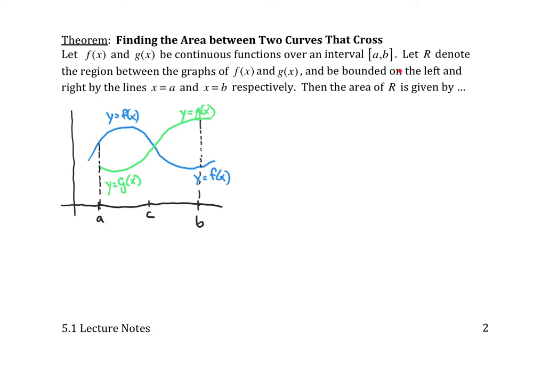It's bounded on the left and the right by these vertical lines, x equal to a and x equal to b, respectively. So the question becomes, how do I find the area R? This is R here, and this is R here. So how do I calculate that area?